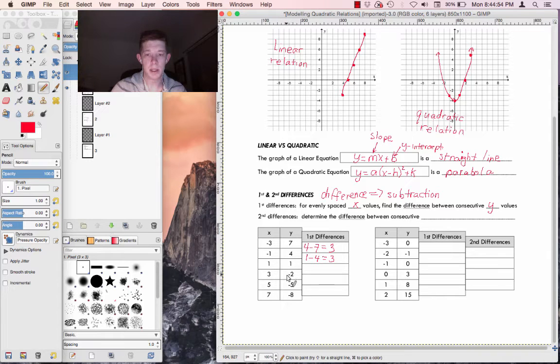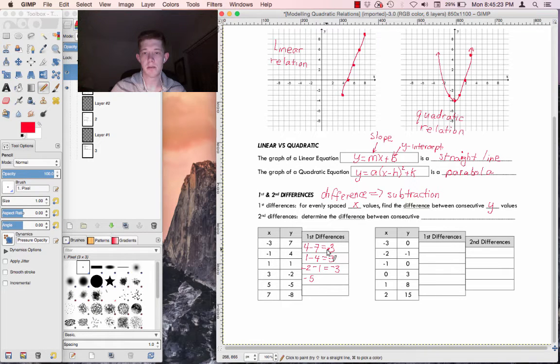So minus 2, subtract 1, I get minus 3. Oh, for goodness sake, 1 minus 4 is negative 3. And then 4 minus 7 is negative 3.